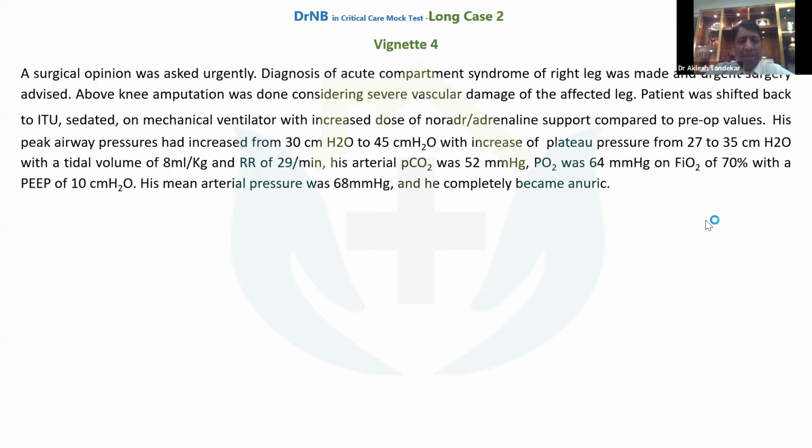Fine. So this patient underwent above-knee amputation, and considering his vascular damage, extensive debridement was also offered. But ultimately, amputation was the surgical choice that could be offered to him.